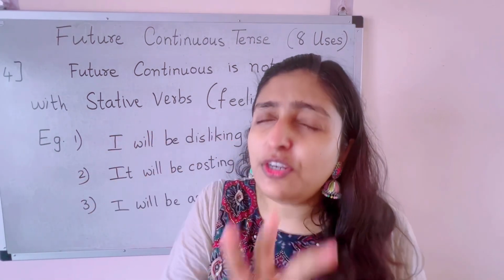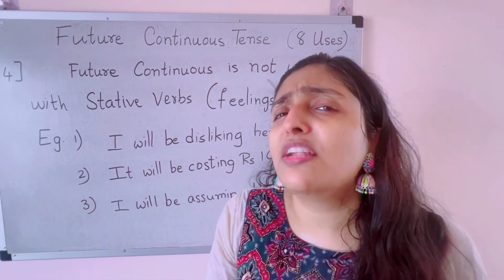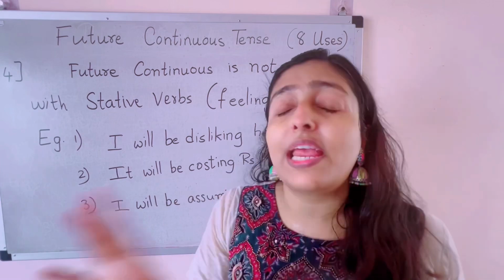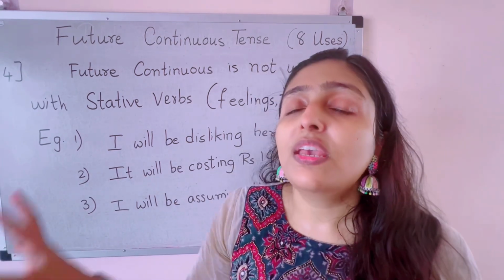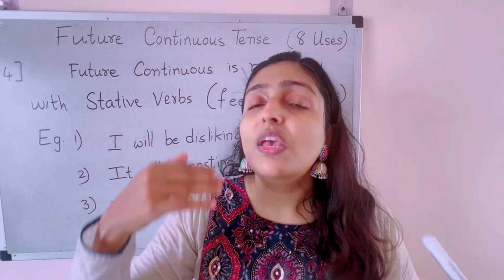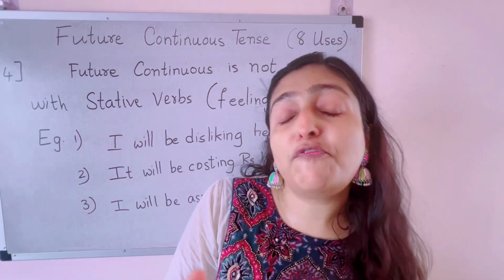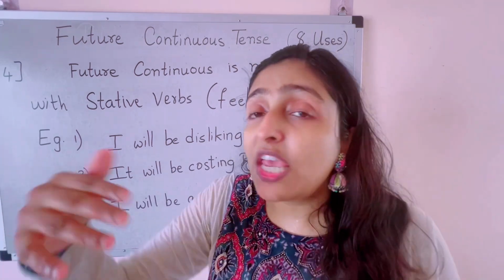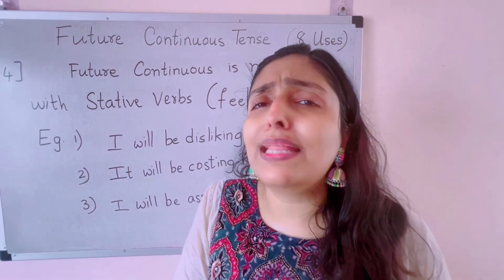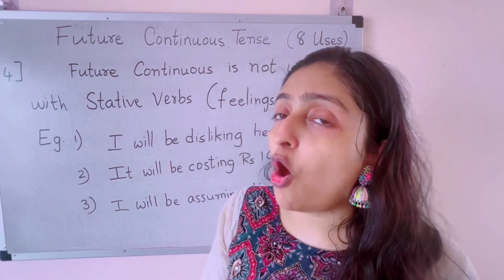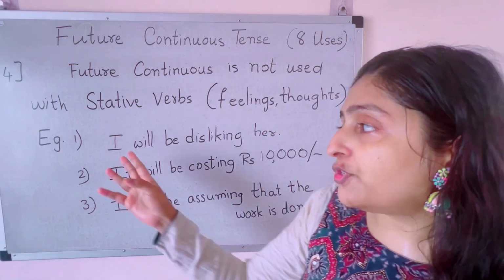So continuous tenses, present continuous or past continuous, any tense in continuous form is not used with stative verbs. We use continuous tenses only for dynamic verbs like action words. He will be eating, he will be playing. That kind of usage is proper and is commonly used. So let's look at the example.